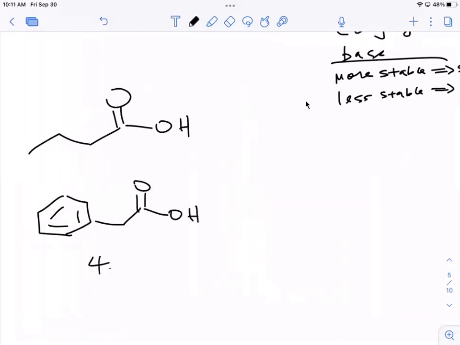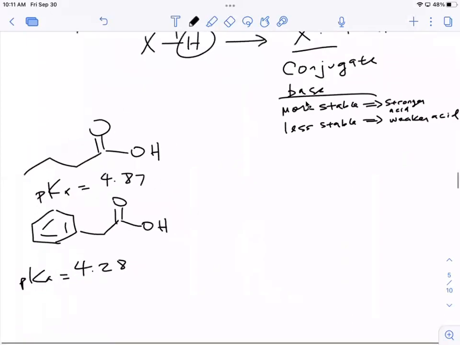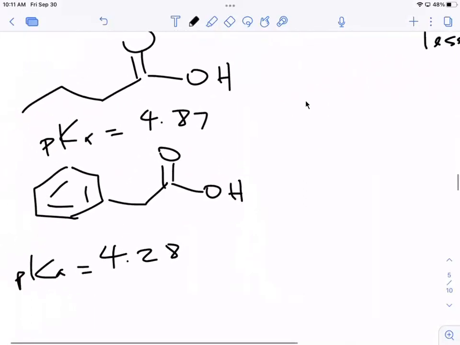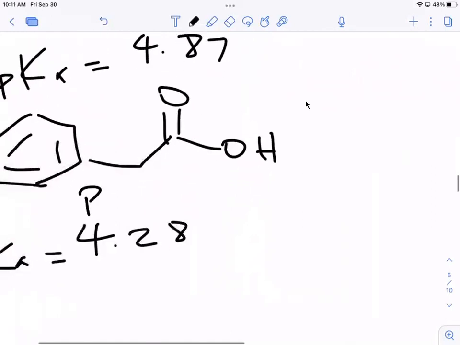And this was 4.87 pKa, and this was 4.28. Right? Not much difference, but enough of a difference. We calculated it: the phenylacetic acid is 4 times stronger than propionic acid.